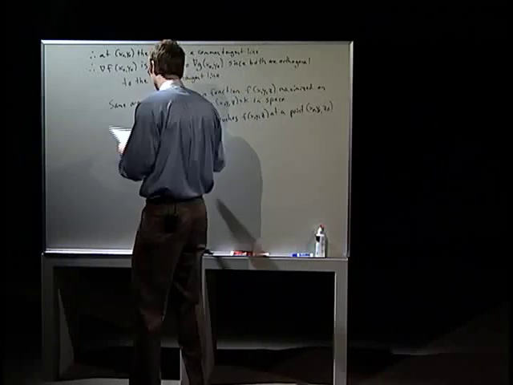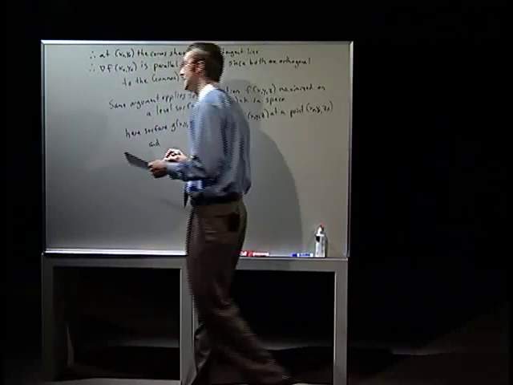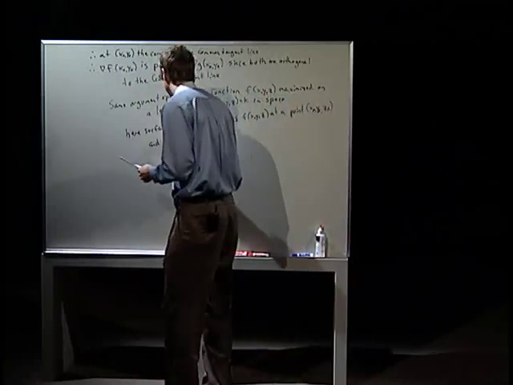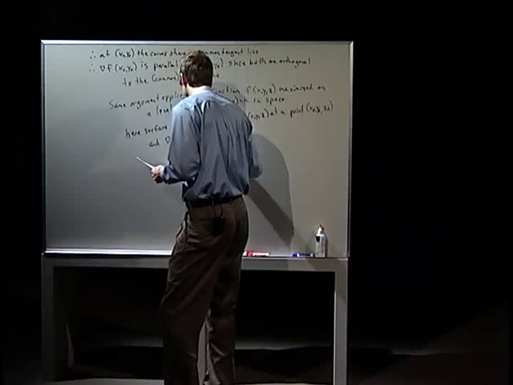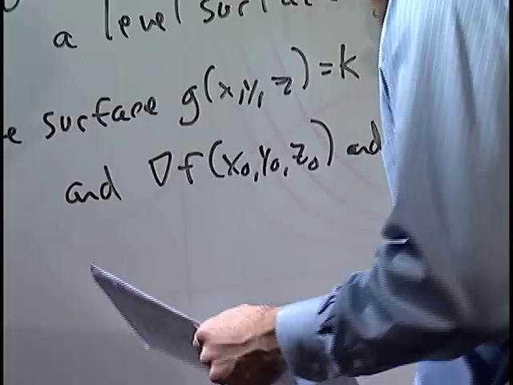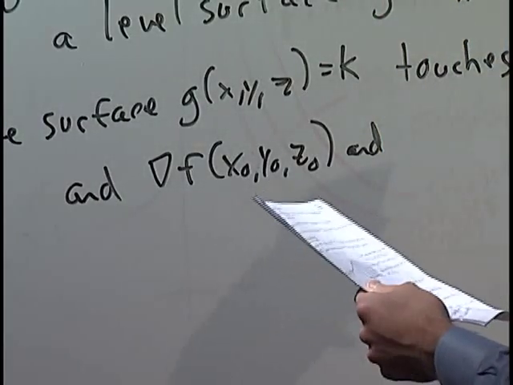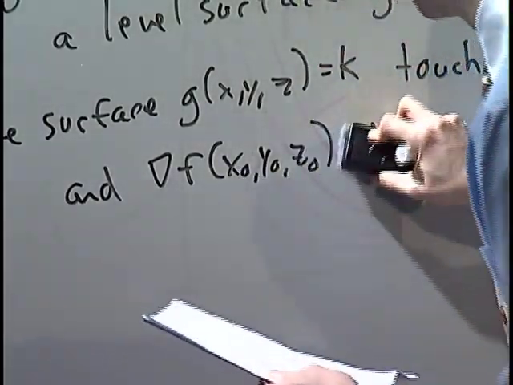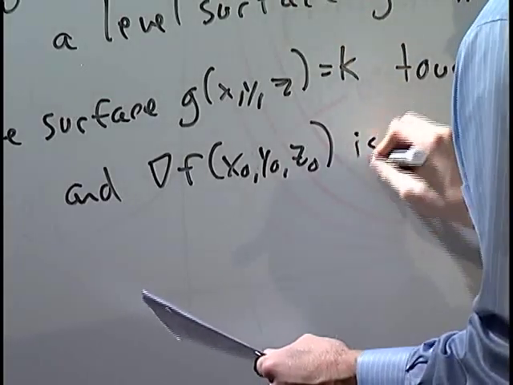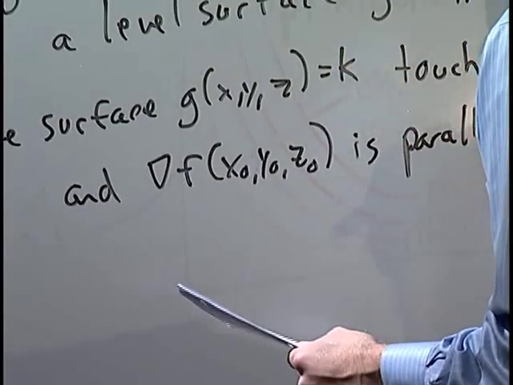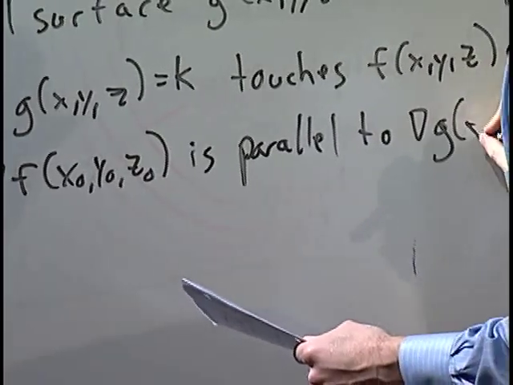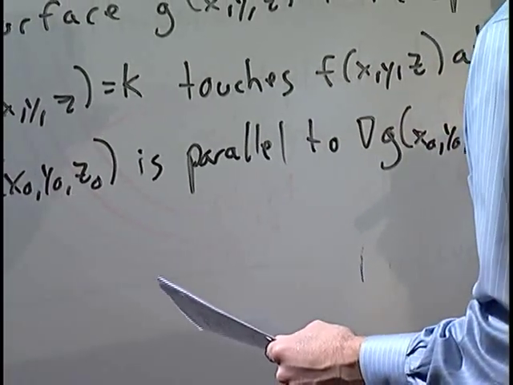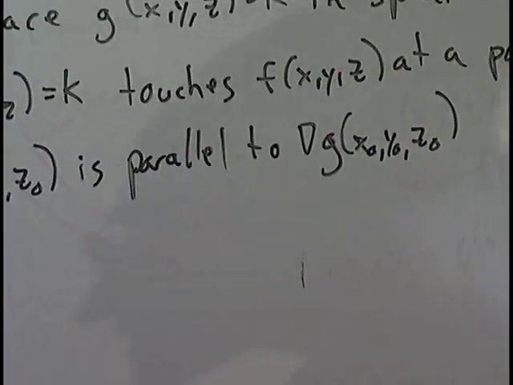And because they share the same tangent plane, the gradients are, again, orthogonal to it. So the gradient of f at that point is parallel to the gradient of g at x naught, y naught, z naught, right?